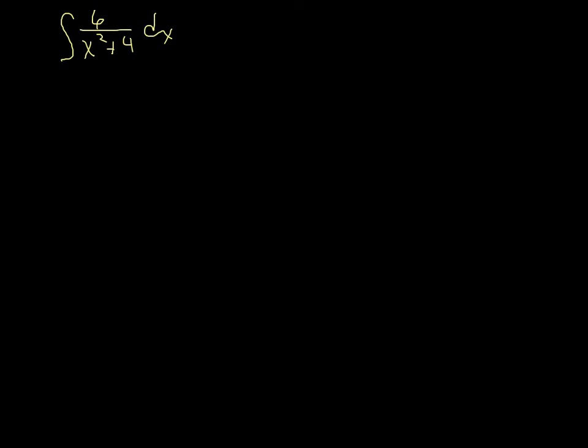But there is a rule that we have, and it talks about taking the integral of 1 over u squared plus a squared du, and this is going to equal 1 over a times arctan, and I'm going to write that as tan to the negative 1 of u over a plus c.